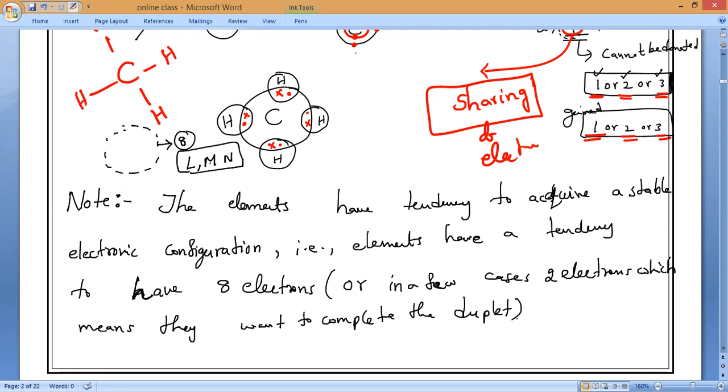Remember, only the K shell is there. How many electrons are required to become stable? 2. So that rule is called the duplet rule. Remember that.